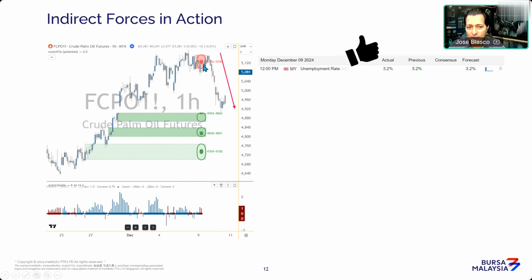It actually went from the red UFO all the way to the green UFO until it bounced back, starting from the green, right? And again, let me go back. This was the picture that you had at that moment in time. So the indirect force, the unemployment rate, is being reported, it's coming out. And as this indirect force is being reported, you look at the market and you're like, oh, wait a moment, I got sell orders.